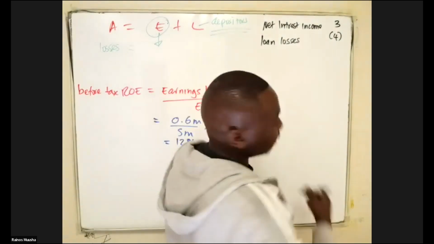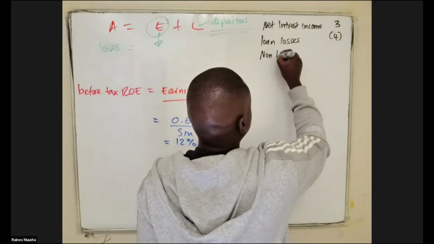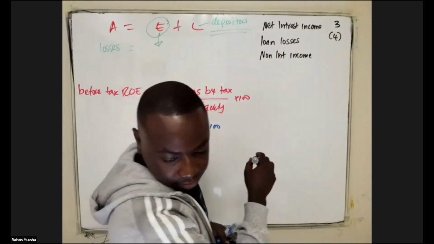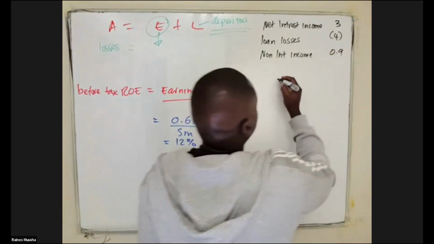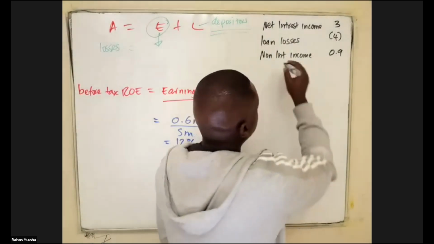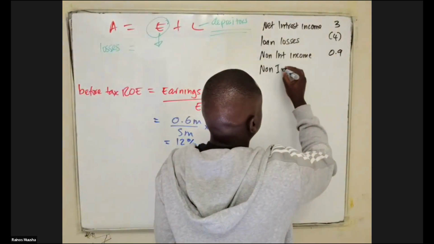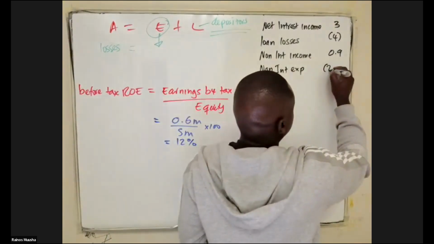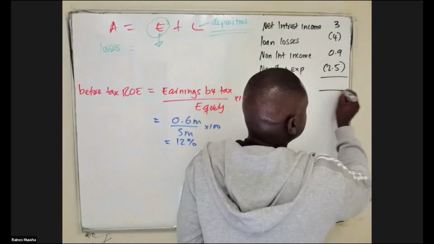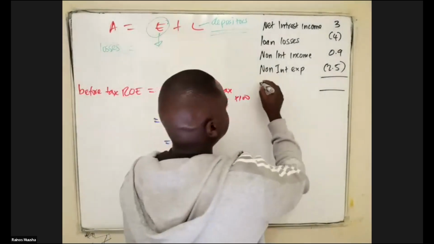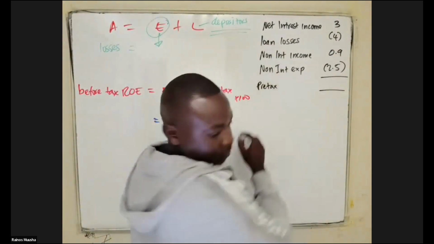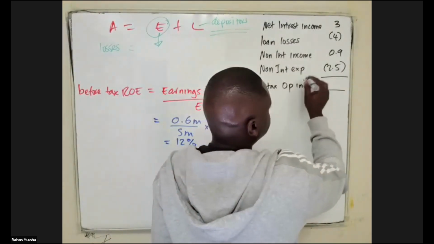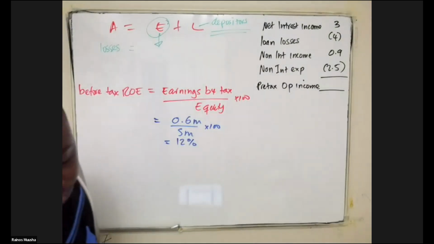And our non-interest income remains the same at 0.9. And our non-interest expense is equal to 2.5 million. So given this information, how much would our pre-tax operating income be?